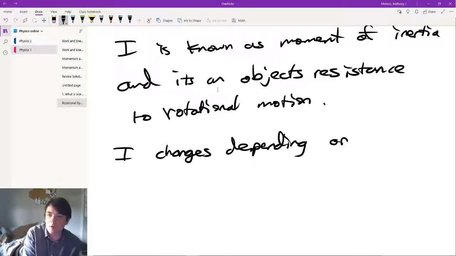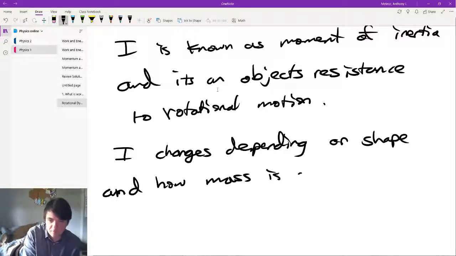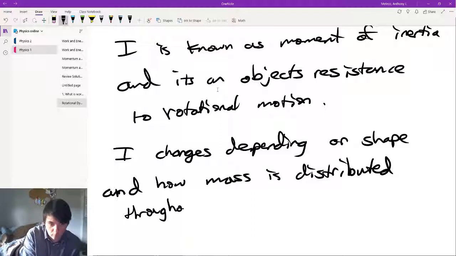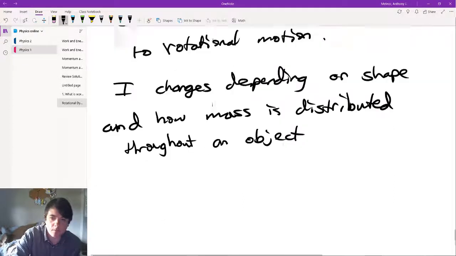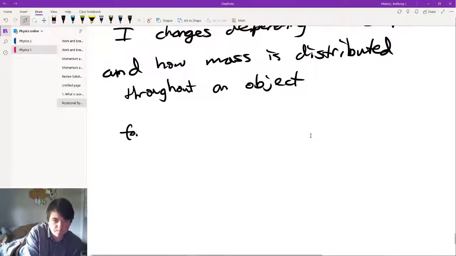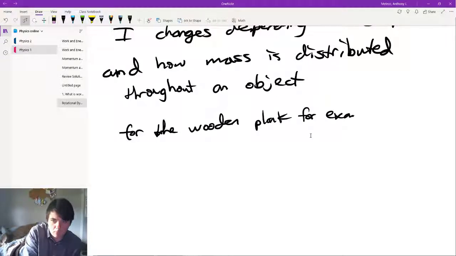So it depends on shape and how mass is distributed throughout an object. For the wooden plank, for example, I is 1/3 M L squared, where M is the mass.